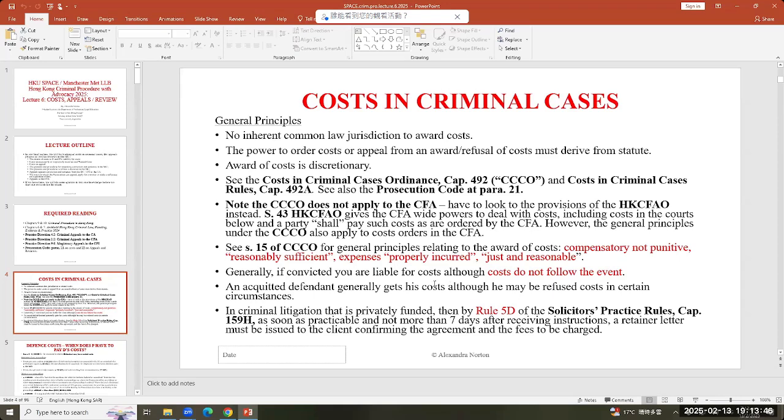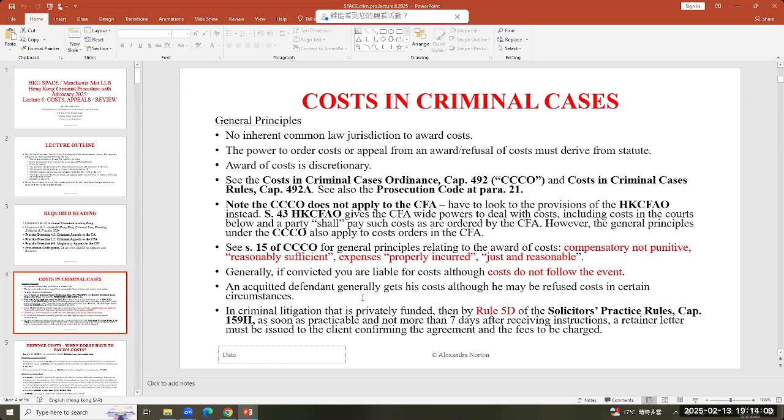But if you are convicted, as a general principle, you're liable for costs. If you are acquitted, you generally get your costs. So if we look at this from the two sides of the cost coin, if a defendant is convicted, that means not only does he have to pay his own costs, but he can be ordered to pay the prosecution costs.